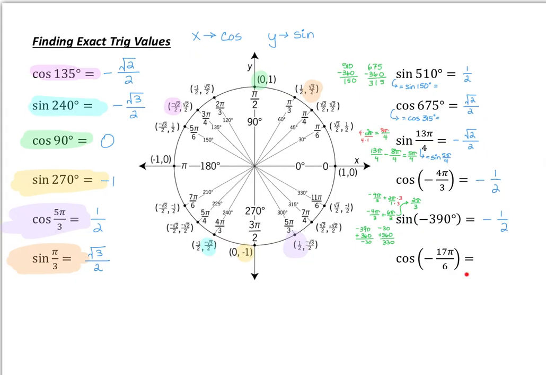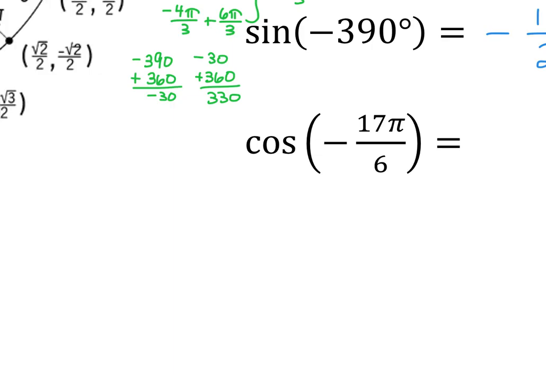And for this last problem, similarly, I see that negative 17 pi over 6 is more than one full negative rotation, because negative 12 pi over 6 is one full rotation. So you can say, okay, negative 17 pi over 6 plus 2 pi is the same as negative 17 pi over 6 plus 12 pi over 6.